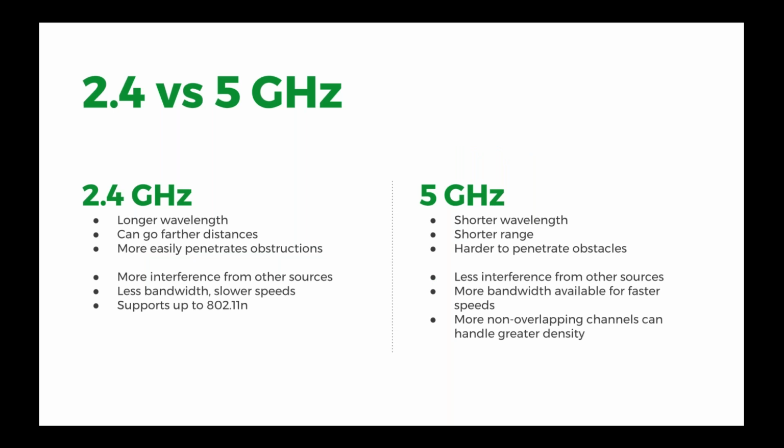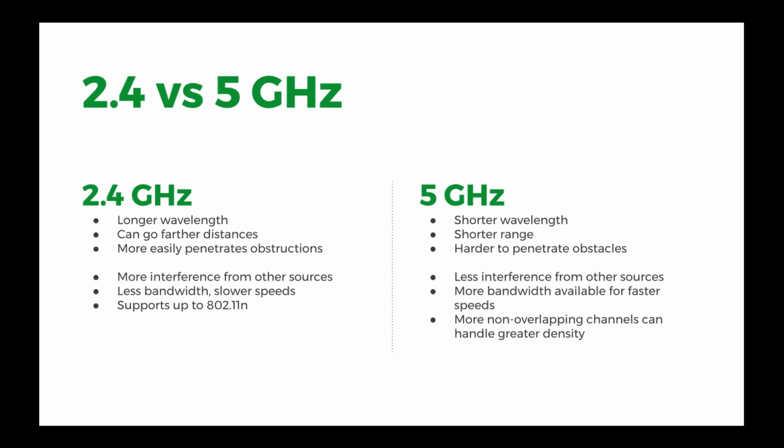So the 2 different bands, 2.4 versus 5 gigahertz, there are some advantages and disadvantages to each of them. And so on 2.4 gigahertz, it's a longer wavelength. And so you can kind of think of it as the difference between AM and FM radio.